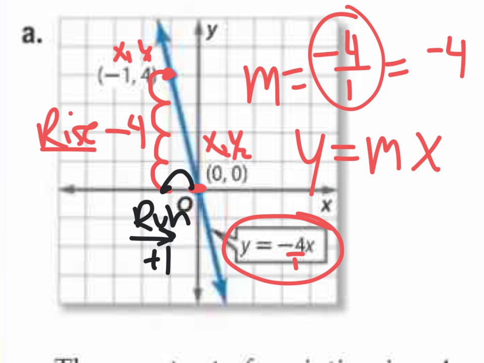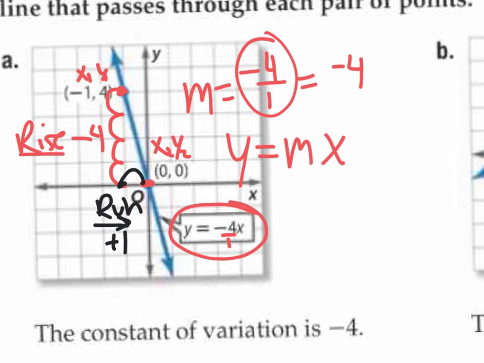So we're really not learning anything new. The only new thing that we're learning is the words direct variation. And what does direct variation mean? It's really a function form equation that doesn't have a constant value being added or subtracted at the end.